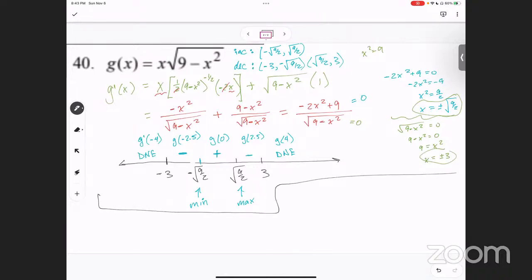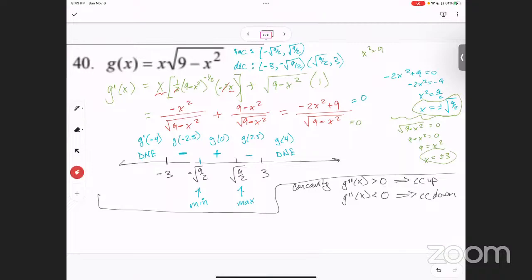If the double derivative is positive, that means it's concave up. And if the double derivative is negative, that means it's concave down. Okay, let's do that.